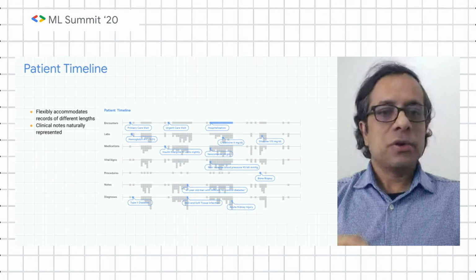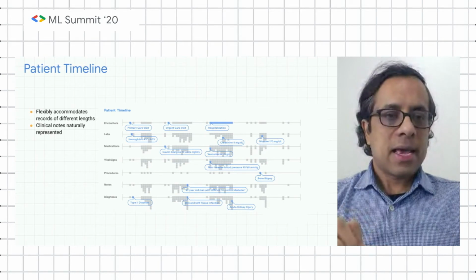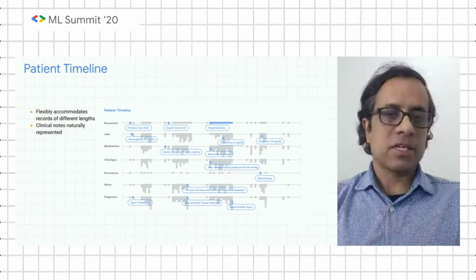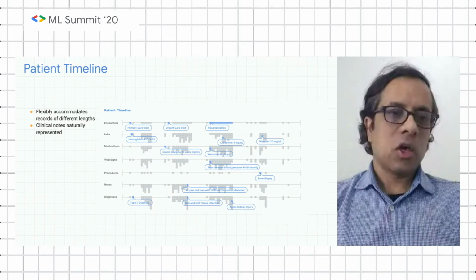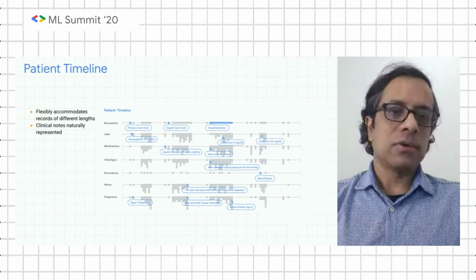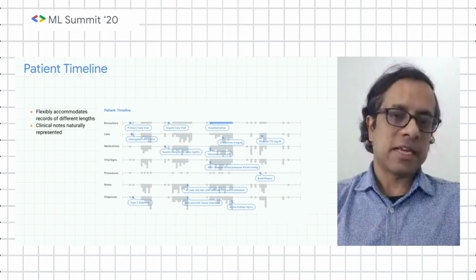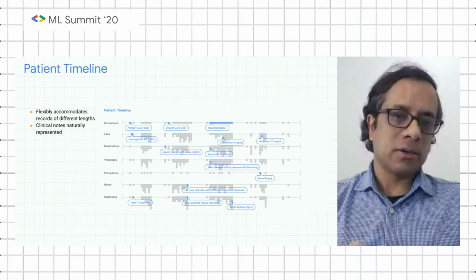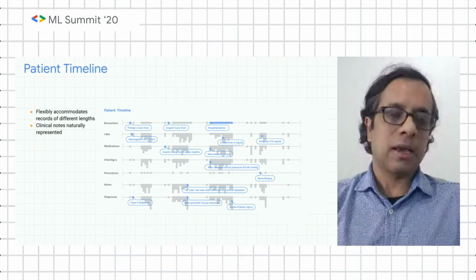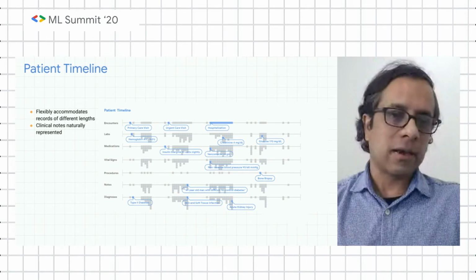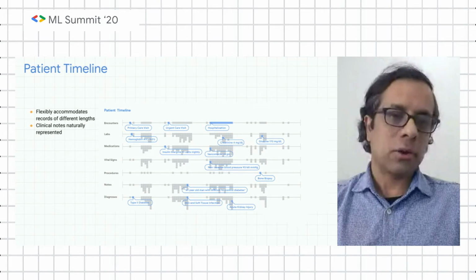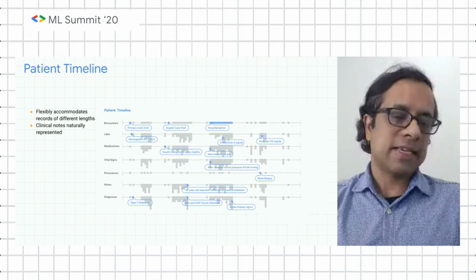But one thing to remember here is that not everybody is using a sequence model, so you might have to create a single table of data using the variety of tables that you have, so that you can use traditional models as well. For example, for BQML clustering or BQML logistic regression, you might require the data to be in a single table.